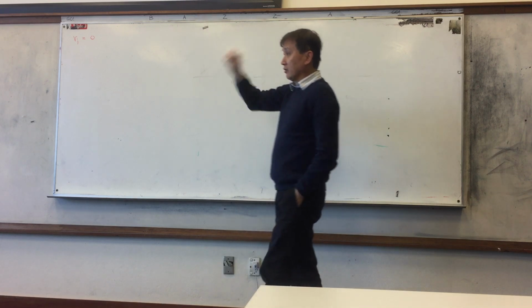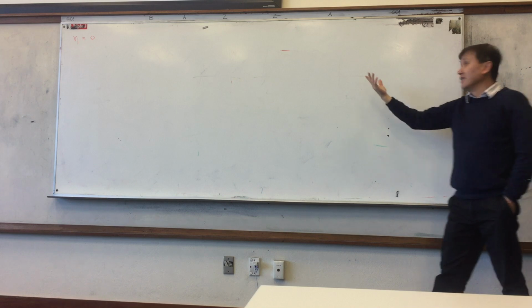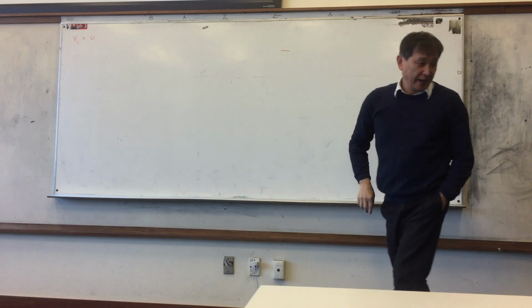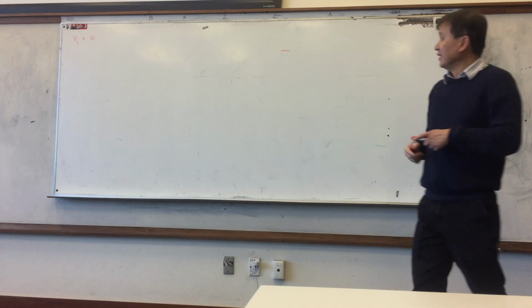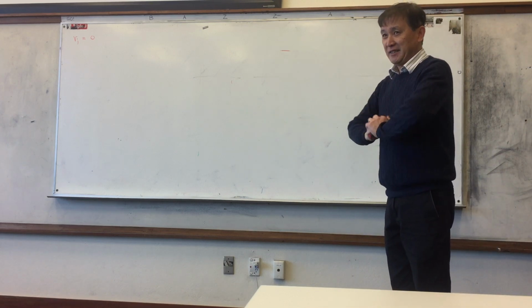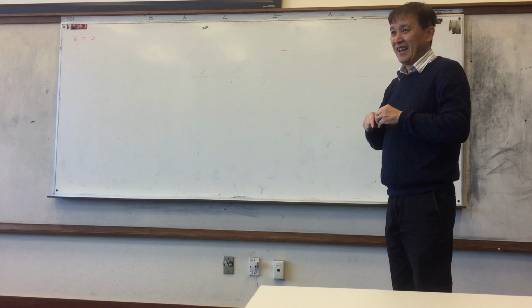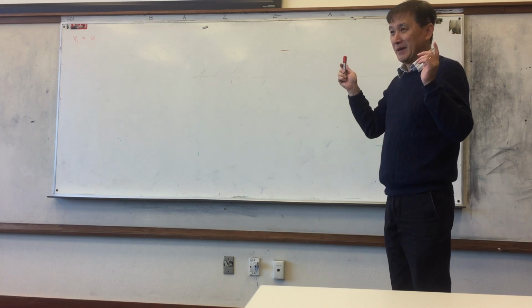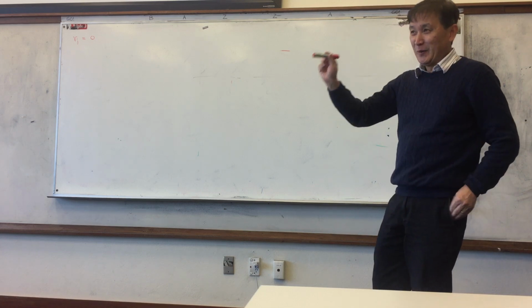So minimizing the total flow time is equivalent to minimizing the average, because you've got a constant there. So what is the procedure for that? How can we minimize the total flow time?